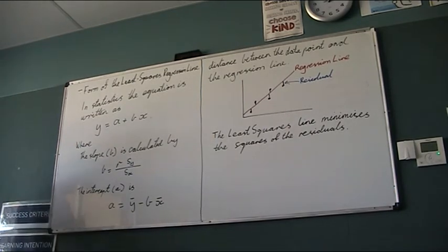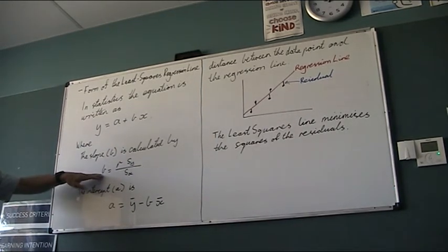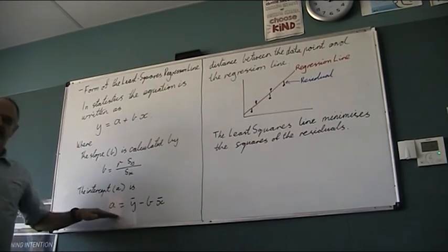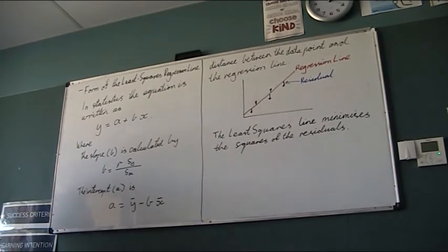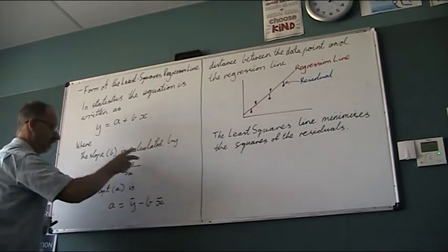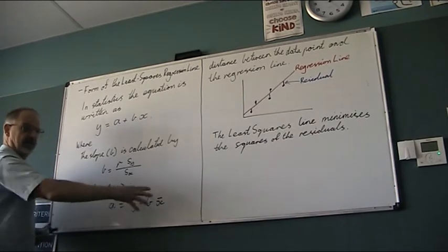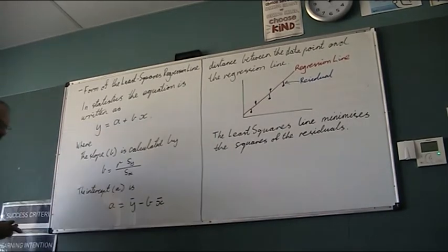So when you're doing the calculation, you've got to calculate b first before you can calculate a. When your calculator does it, it uses this stuff to do that calculation.